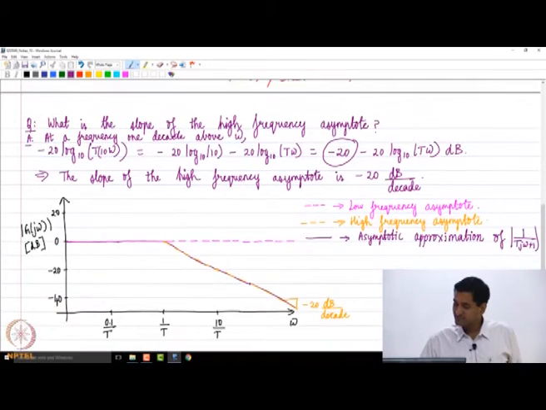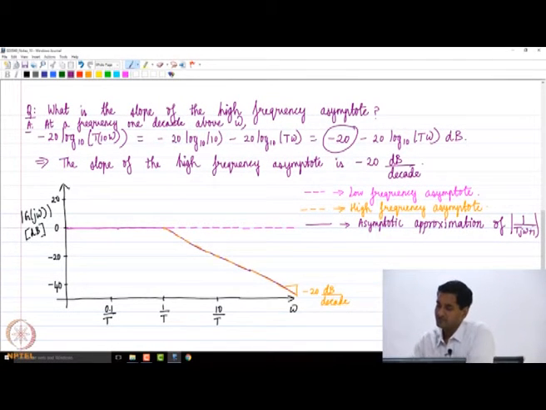So let's figure that one out, right? So how do I do that? So in that exercise, please calculate and tell me what values you see. So let's say I am going to construct a table of omega, the actual magnitude in decibels, and the asymptote value, in decibels also, okay.